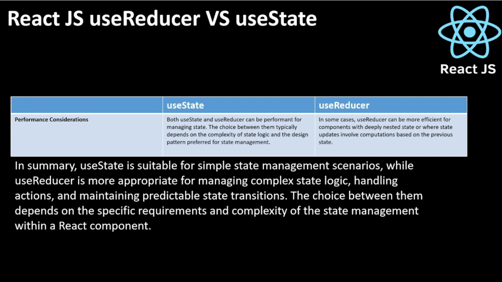The choice between them depends on the specific requirements and the complexity of the state management within a React component. Based on your requirement, if you want very simple functionality, go for useState. If your application is very complex, go for useReducer, the best choice for managing deeply nested state, and you should definitely choose useReducer.